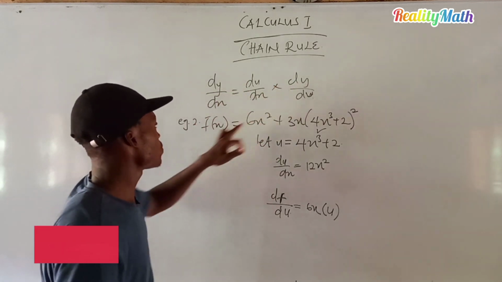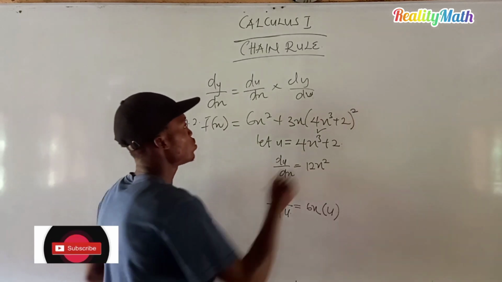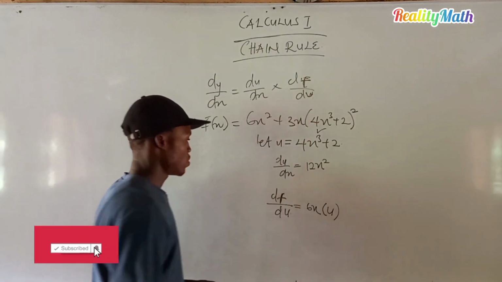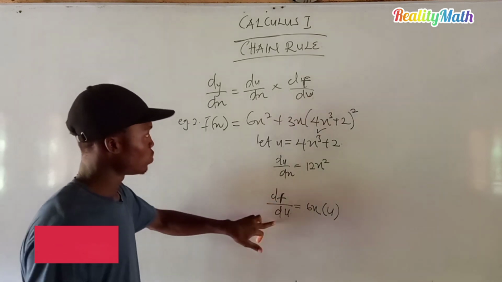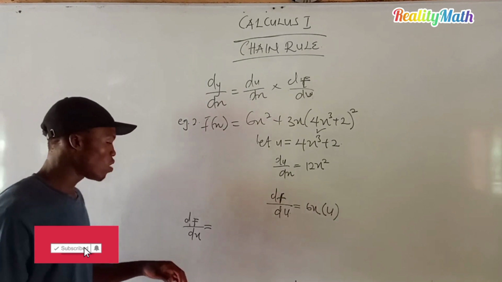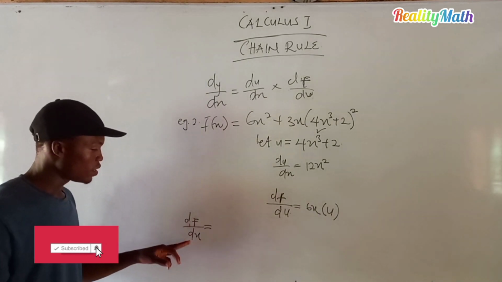Now the function is in terms of f, so it will now be our df/du. So let's see, du/dx is this. What will now be our df/dx?